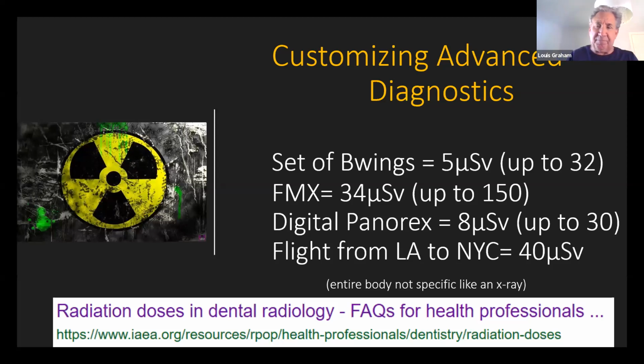If you take a set of bite wings, a perfect cone beam series of 4 would be 5 microsieverts, but many systems are not capable of that, and they can go up to 32 microsieverts. An FMX ranges from 34 to 150, routinely over 100. The digital Panorex is 8 microsieverts, routinely 20 to 30 microsieverts.